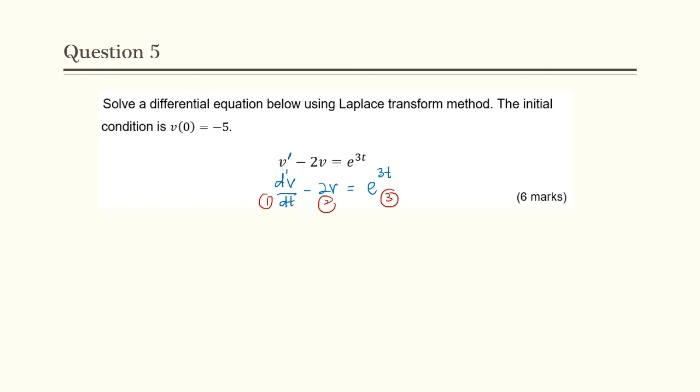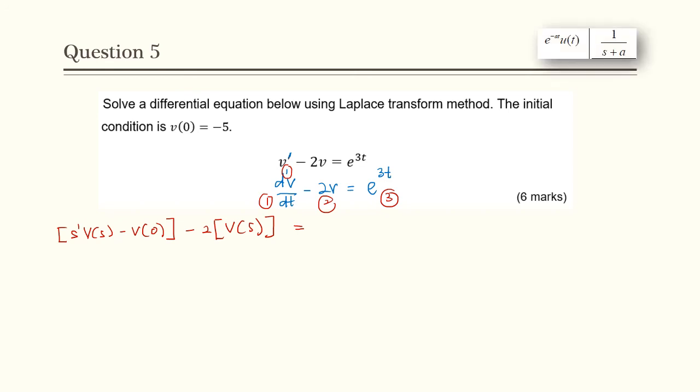Okay, so for the first component, dv over dt. Since the power is 1, your s is to the power of 1. So s to the power of 1, so sVs minus v0 for the first component, then minus the second component. There's no prime, there's no differentiation, so it is equal to Vs, equal to the third component, e to the power of 3t.